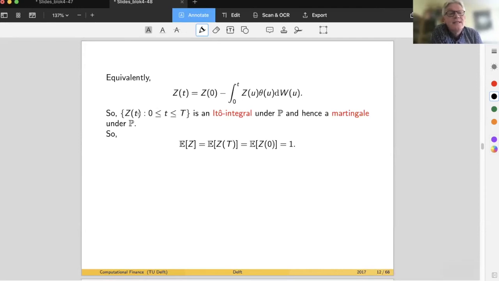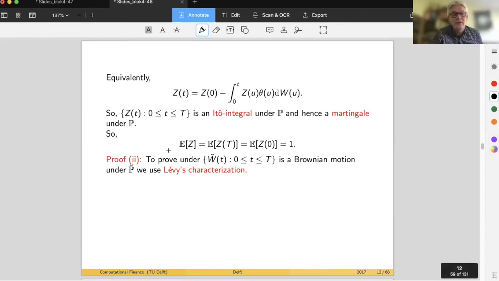It's clear this is an Ito integral. Z_t, little t between 0 and capital T, is an Ito integral under P, and hence it's a martingale under P. So then we have immediately our first statement. The expected value of Z is by definition the expected value of Z_T, and by the martingale property, that is the expectation of Z_0, and we have explained to you that this is equal to 1. So that statement is also proved.